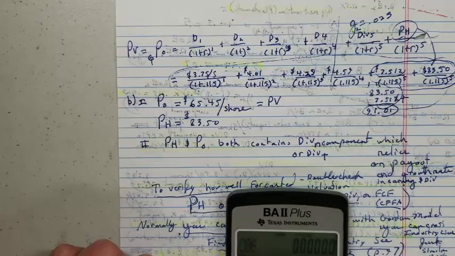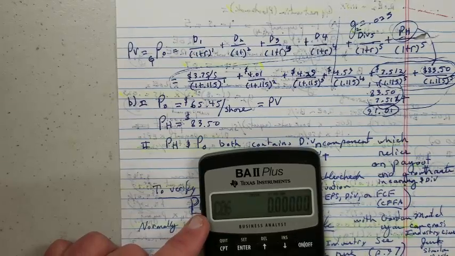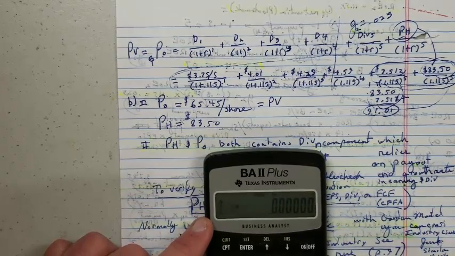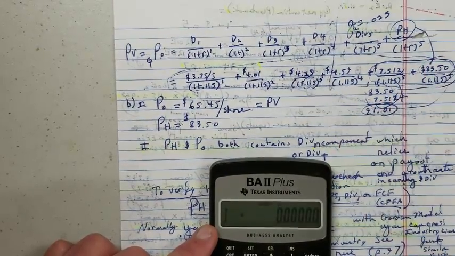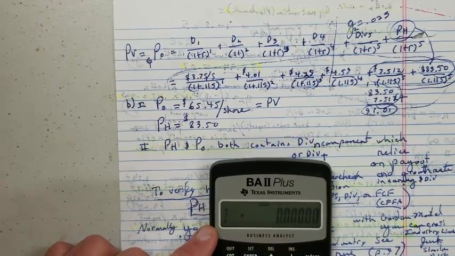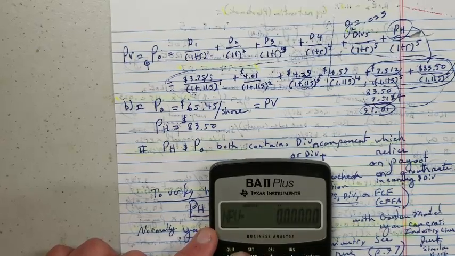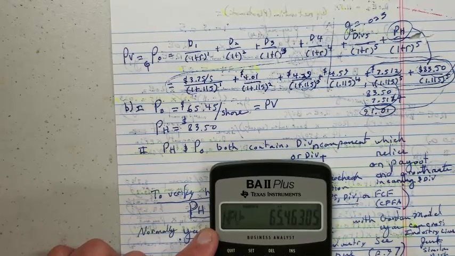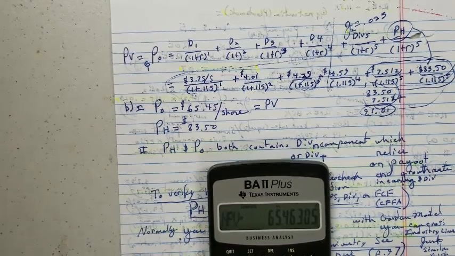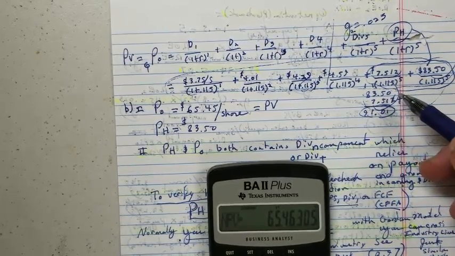Looking at what I wrote here, let's flip over to the NPV and put in our discount rate, or our market cap rate, or cost of capital, which is 11.5. You're going to enter it like that. Let's compute and see what we get. It's probably wrong. No, 65.46, or 46305. So I actually am off just a little bit, and I think it was in my addition here. I'm a little tired.